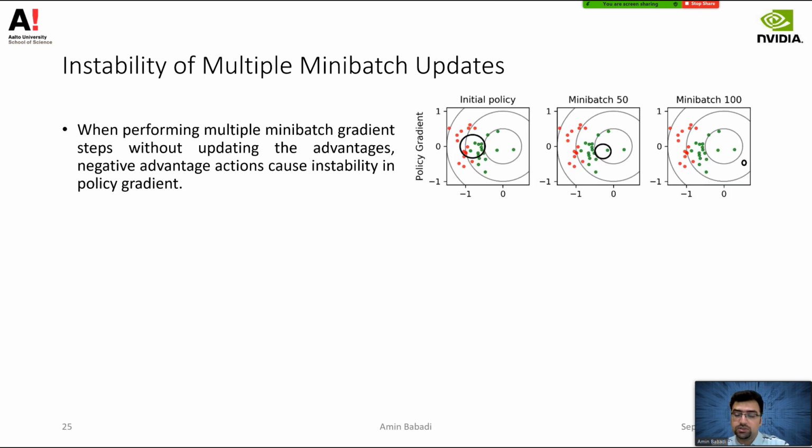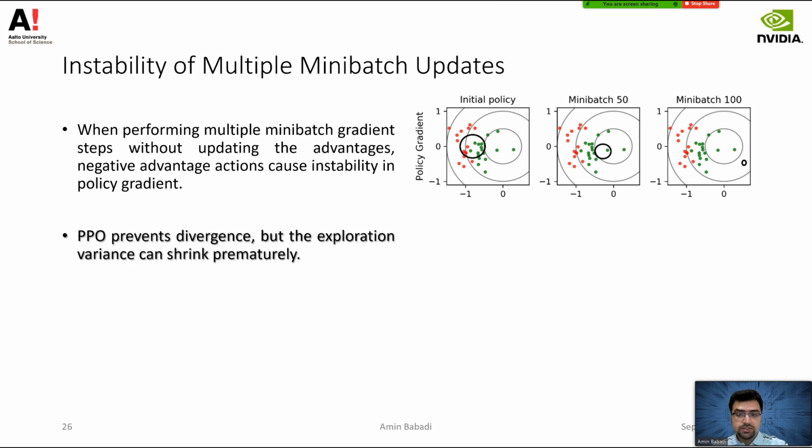So this is shown here. In the figure, we can see the negative advantage actions in red and the positive advantage actions in green. And the sampling distribution of the policy is the bold black circle. And as you can see, after applying 100 mini-batch updates, the policy is actually jumping over the optimal solution.